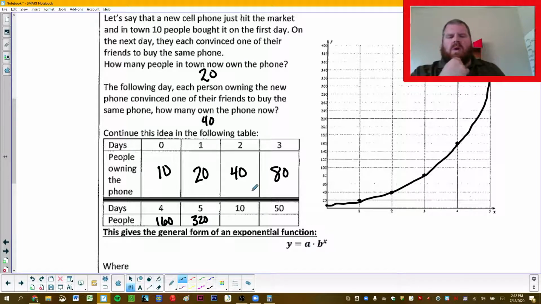And so what this function takes into account is the a value, just like what we talked about before, where we had transformation of functions. That number on the outside is affecting my y values, that number being multiplied on the outside. It's making them escalate quicker than normal.